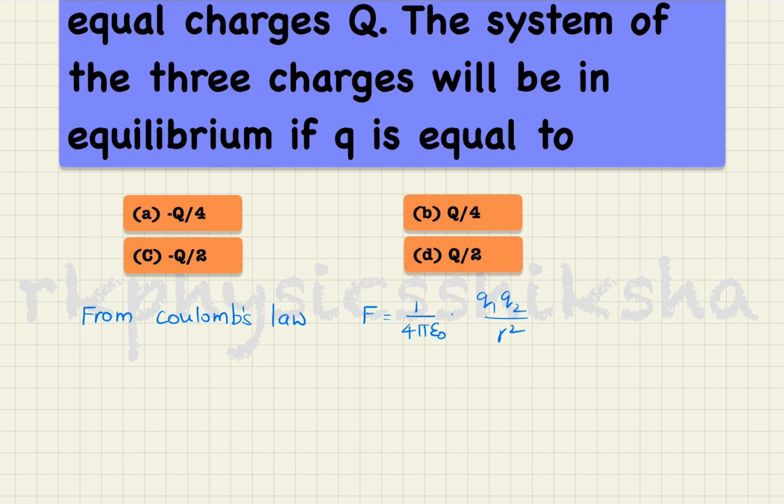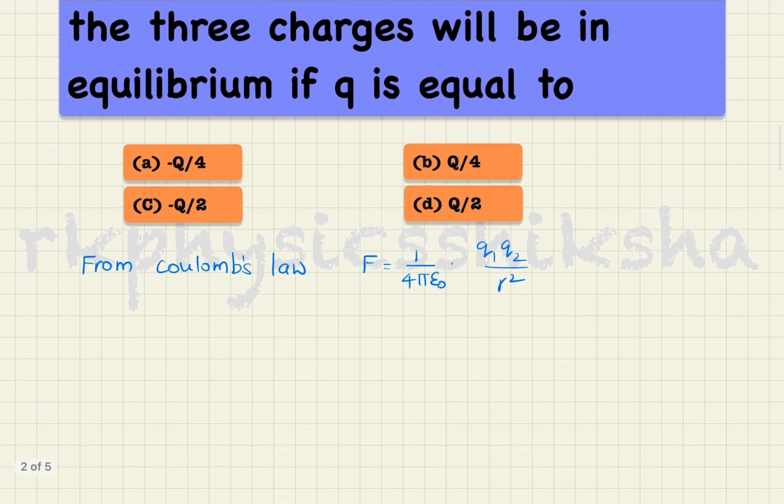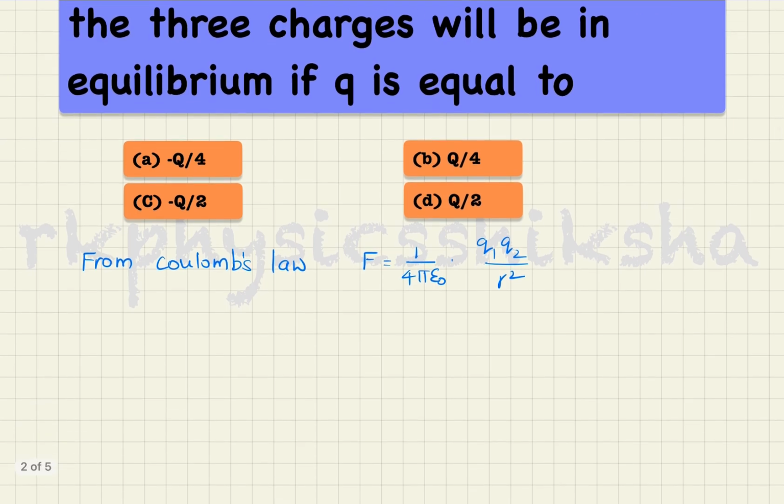Now we are given two charges of magnitude plus Q. I'll take the two charges as capital Q and capital Q, separated by a distance r.